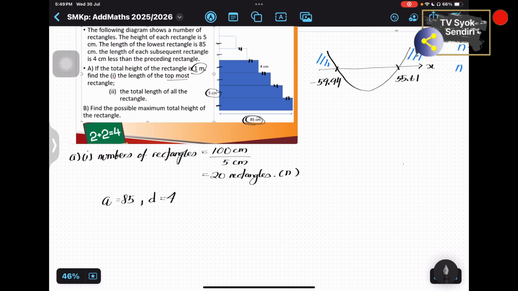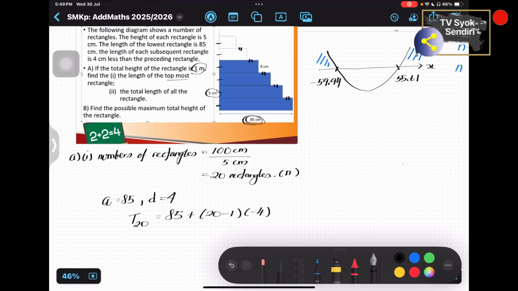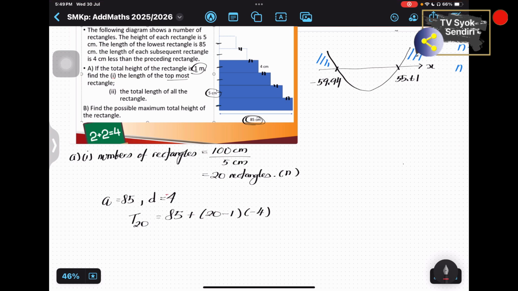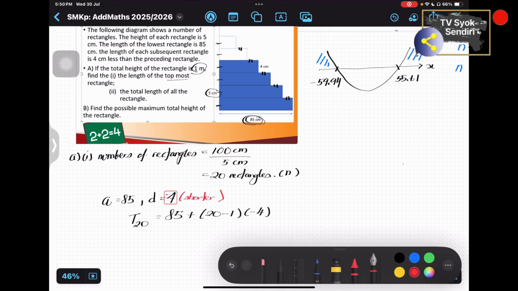Now they're telling us to find the length of the topmost, so basically we need to find T20. It's going to be your A, 85, plus 20 minus 1 multiplied by negative 4. You were wondering, just now you wrote 4, now you wrote negative 4. Why negative? Because it's getting shorter and shorter. 85 becomes 81, then 77, and so on.